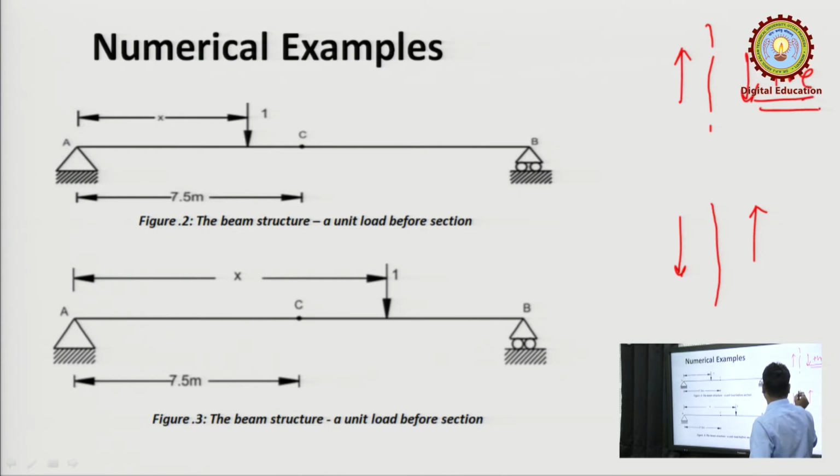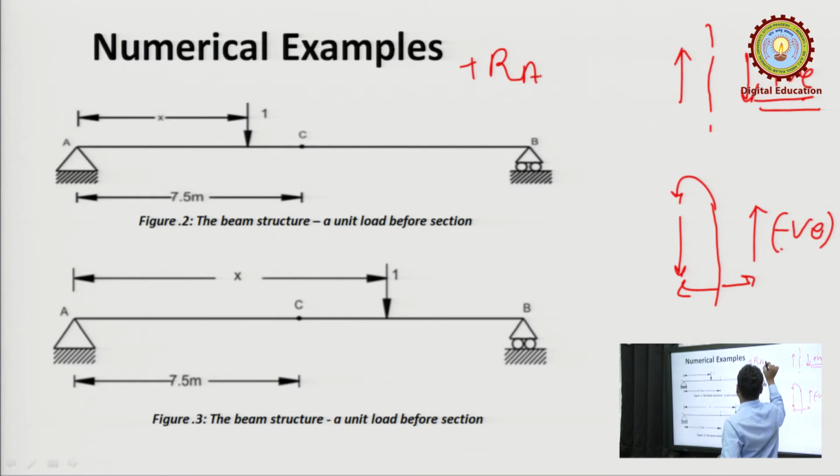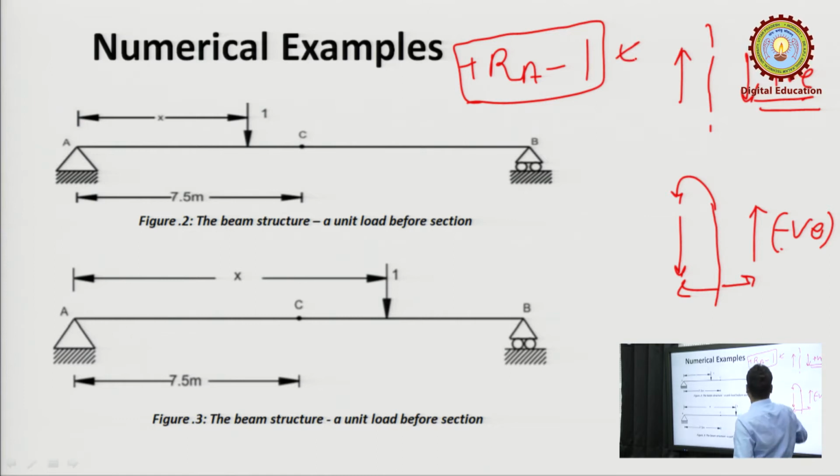And if the load is going downward from the left side and the force is going upward from the right side, we will take shear force in the negative direction. Because of that reason, we are going to take a positive sign of Ra and a negative sign of unity.